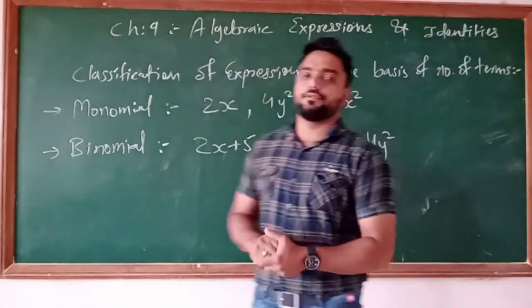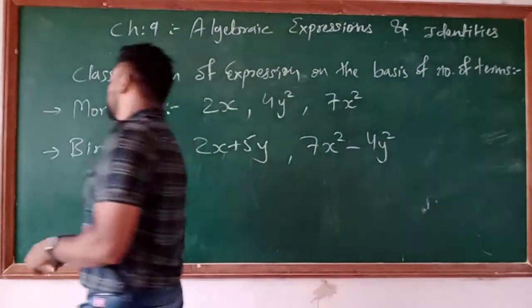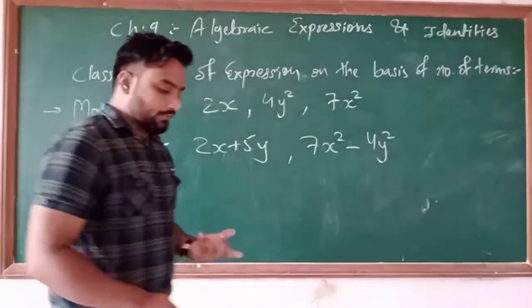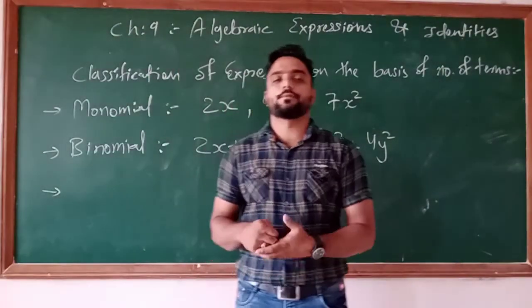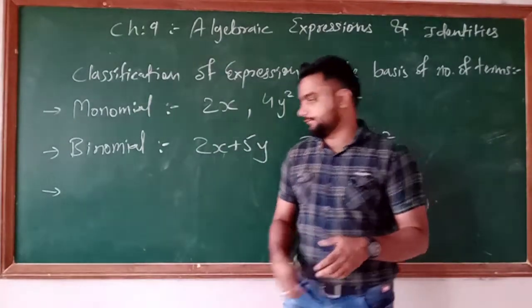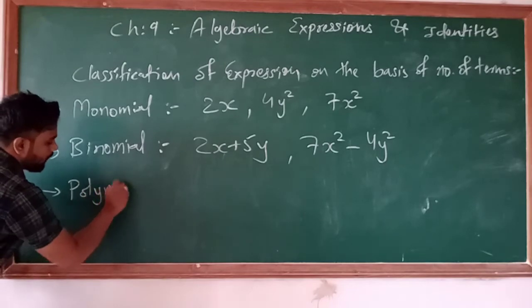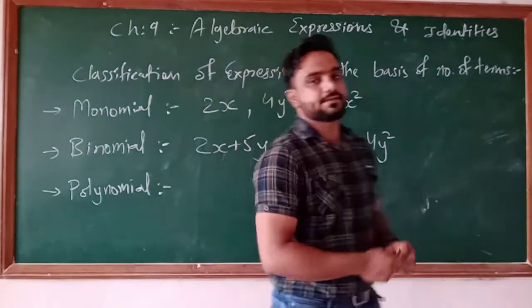Now next, the third one is the polynomial, the very basic concept and majorly used in further standards, that is the 9th standard, the 10th standard, and further on. What do you mean by polynomial? As we can say from the name, that is the polynomial.